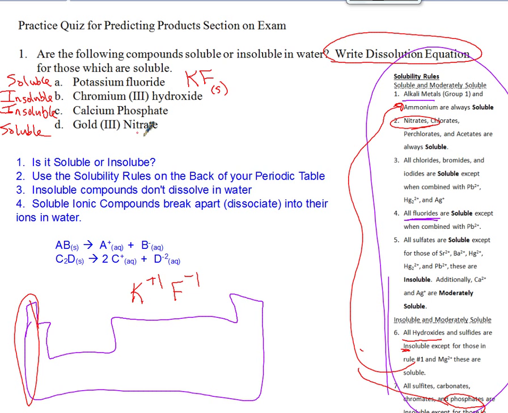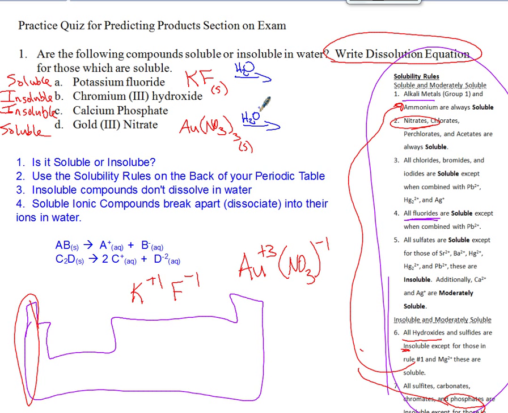And then gold 3 nitrate. The Roman numeral tells me the oxidation state, or charge. Gold is Roman numeral 3, so it's a +3. There's our nitrate. So the formula for gold 3 nitrate is Au(NO3)3, and it's a solid. Then these 2 solids get dumped into some water.